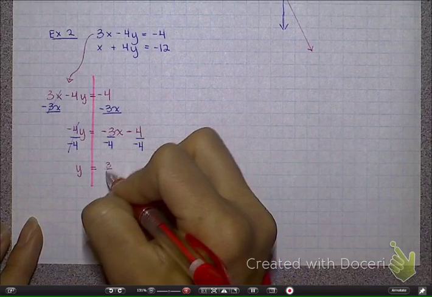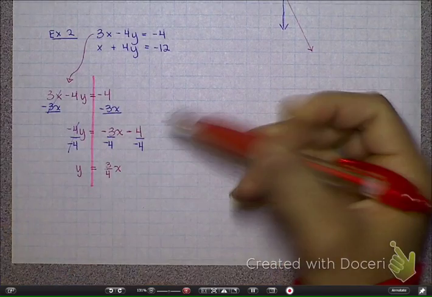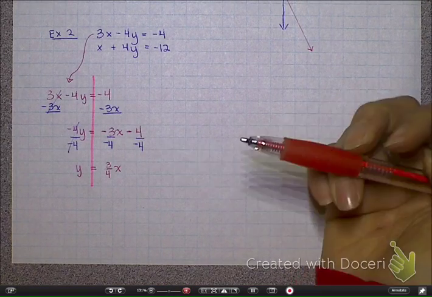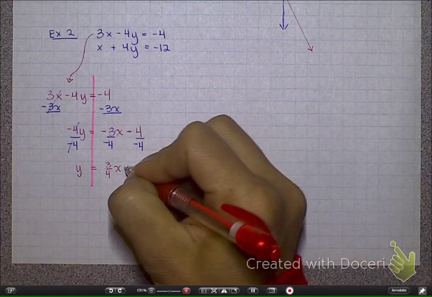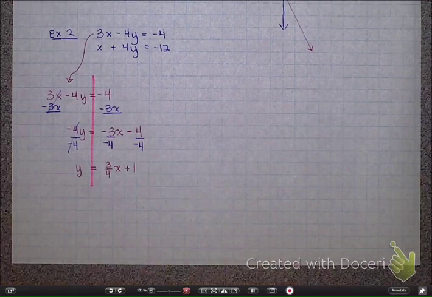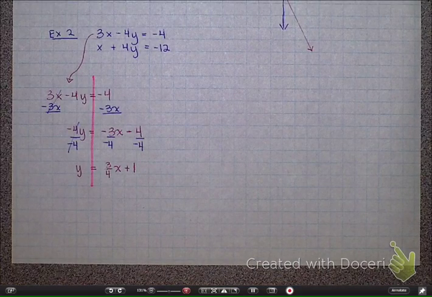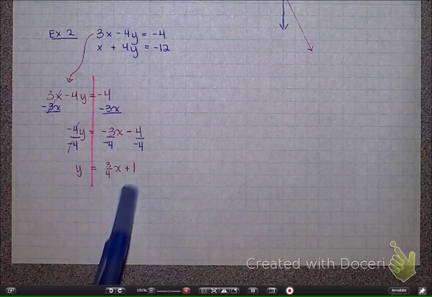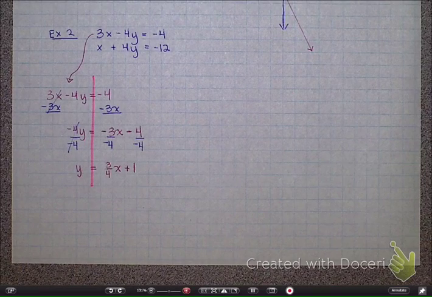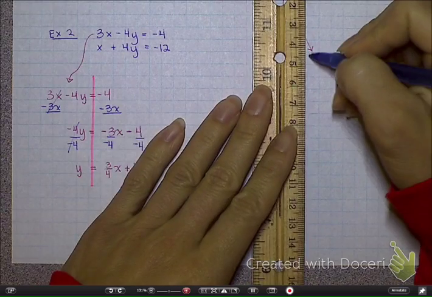Positive 3/4 x. And what's a negative 4 divided by a negative 4? Positive 1, so right, plus 1. Okay, does that make sense what we did there? Okay, so now we've got our first equation written in slope-intercept form. So let's go ahead and draw my xy axis, and then let's graph this one.